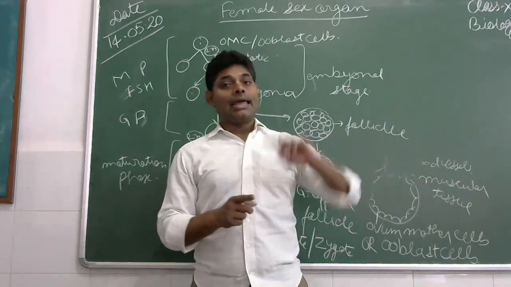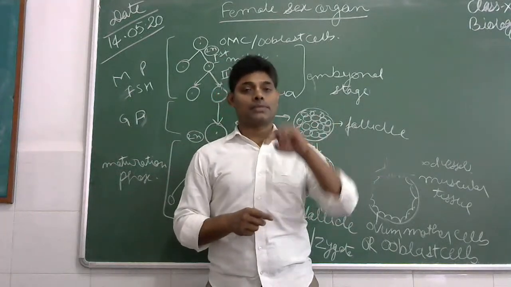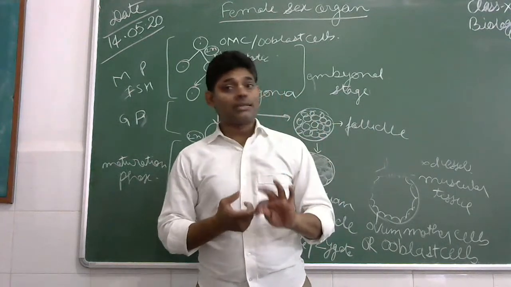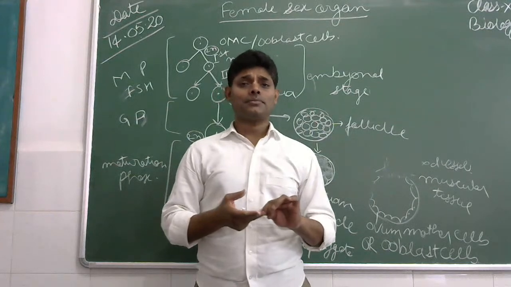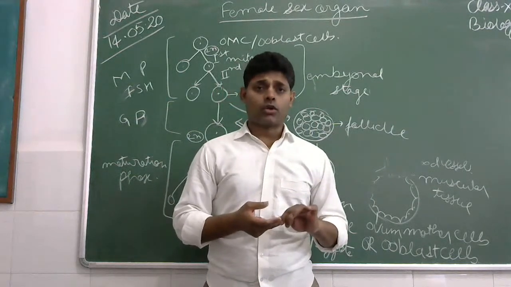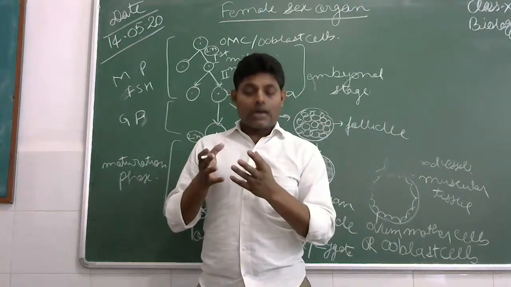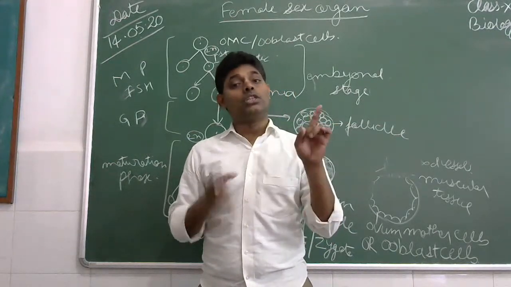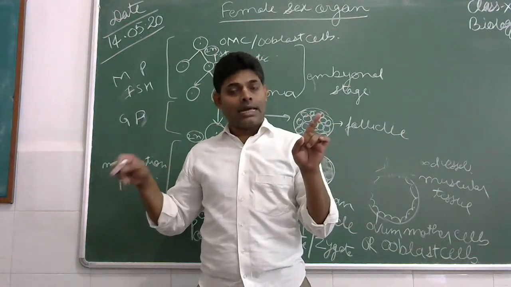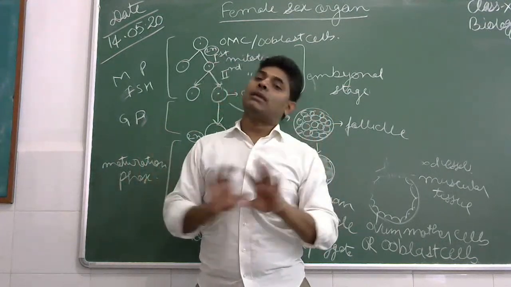Again, heterochromatin is of two types, permanent heterochromatin and facultative heterochromatin. In facultative heterochromatin, the chromosomes get active during the cell division and after the cell division remain inactive.